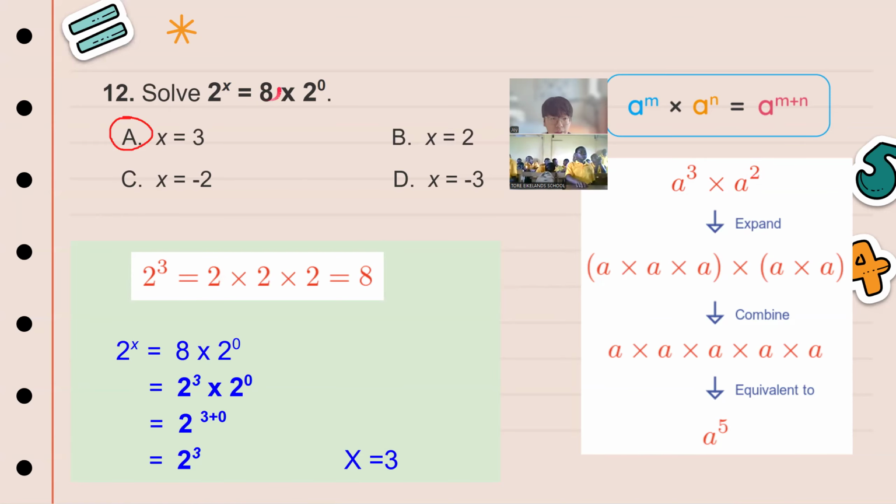Here we have 2 to the power of x equals 8 times 2 to the power of 0. 8 can be written as 2 times 2 times 2, and we know that's 2 to the power of 3. And we know 2 to the power of x equals 2 to the power of 3 times 2 to the power of 0, and 3 plus 0 equals 3. That's why the answer is 3.